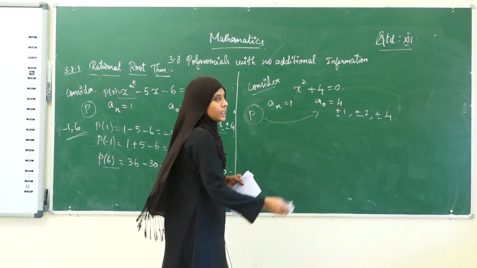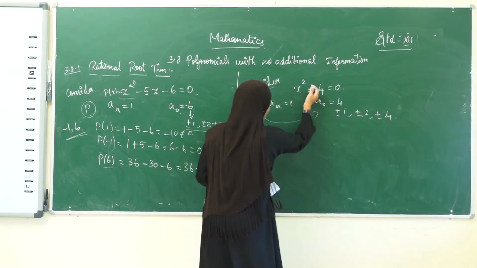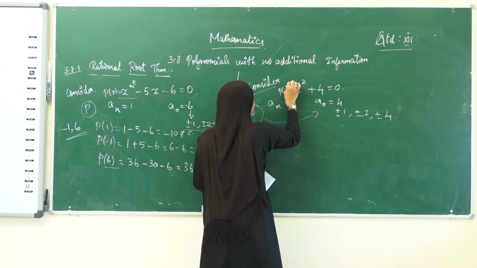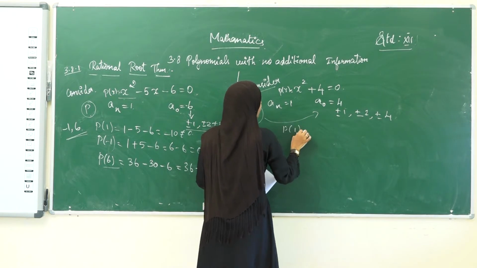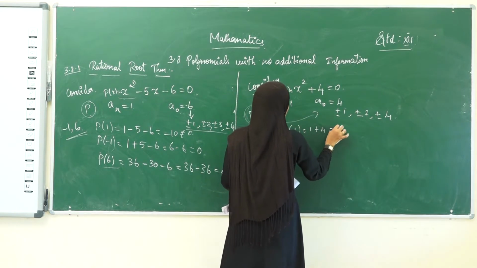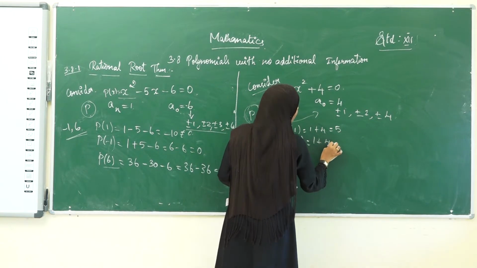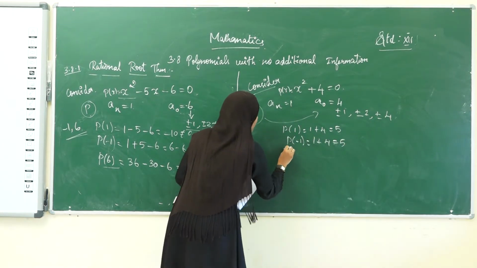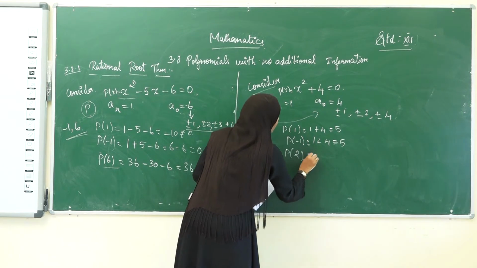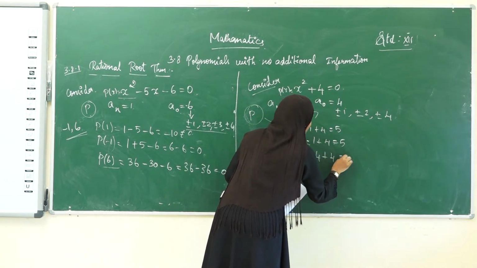Okay, we got 6 values. Now what we are going to do? We are going to substitute in this. Let us consider this as p of x. p of 1 is 1 plus 4, which is equal to 5. p of minus 1 is, again, 1 plus 4, which is equal to 5. Then p of 2 is 4 plus 4, which is equal to 8.